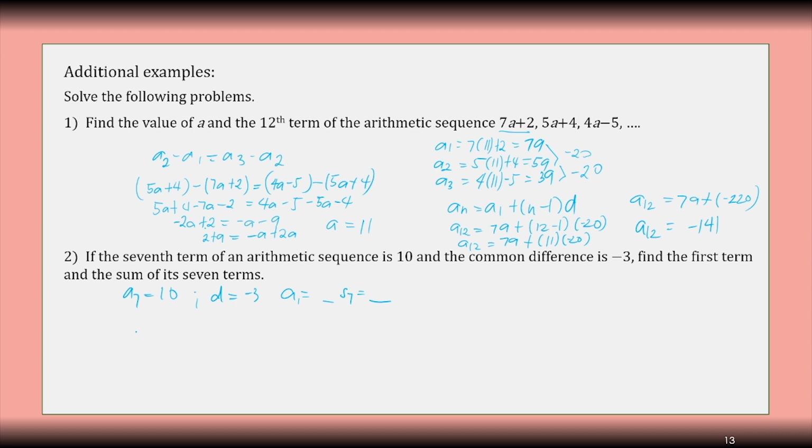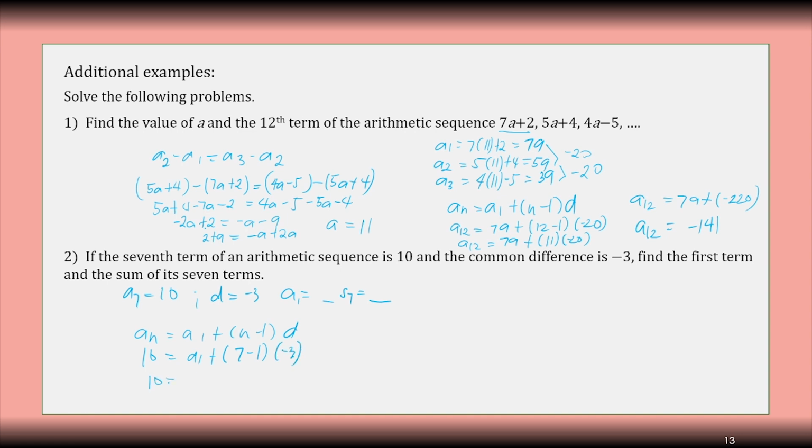So, para makuha yun, yung ating formula pa rin, A sub n is equals to A sub 1 plus n minus 1 times the common difference. So, A sub n natin, yung ating last term is 7. So, yan ay magiging 10 is equals to A sub 1 is unknown pa. Kaya A sub 1 pa rin siya. Plus, ano yung ating n? 7 minus 1 times the common difference is negative 3.